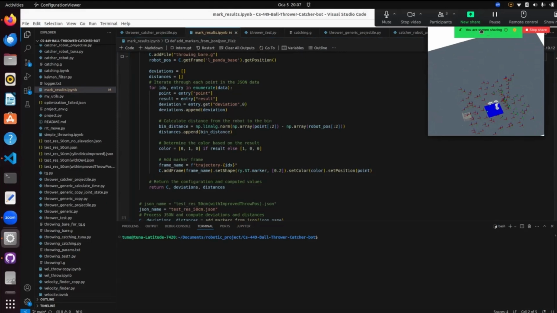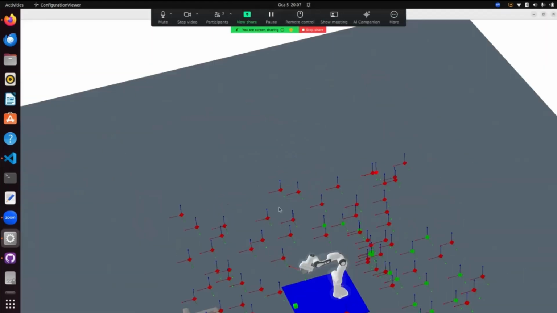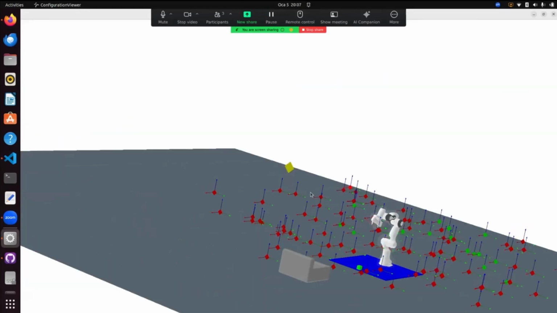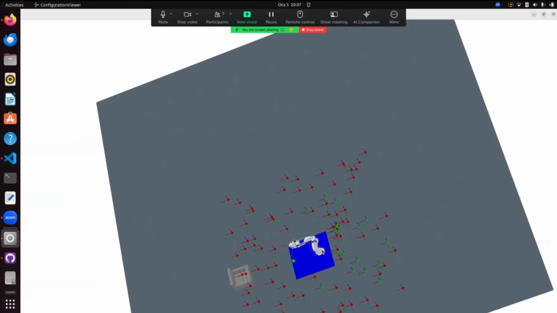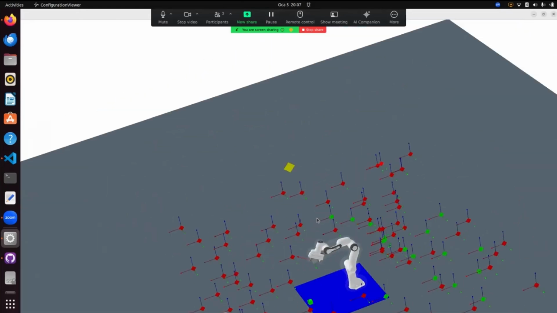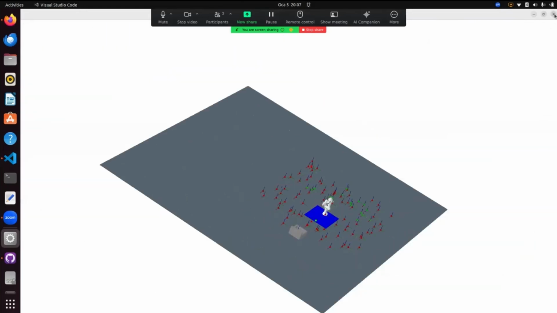With 100 trials, we found out that there were only 12 points which are successful, and this was not generic.